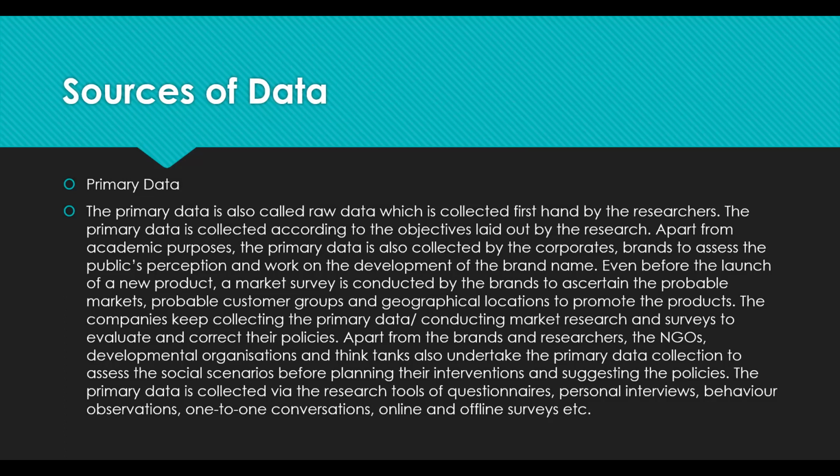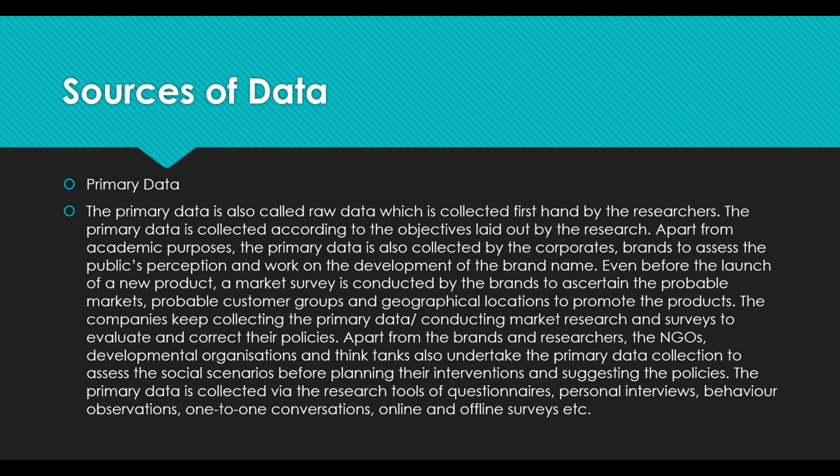So even before the launch of a new product, a market survey is conducted by the brands to ascertain the probable markets, probable customer groups, and geographical locations to promote their products. The companies keep collecting the primary data, conducting market research and surveys to evaluate and collect their policies.